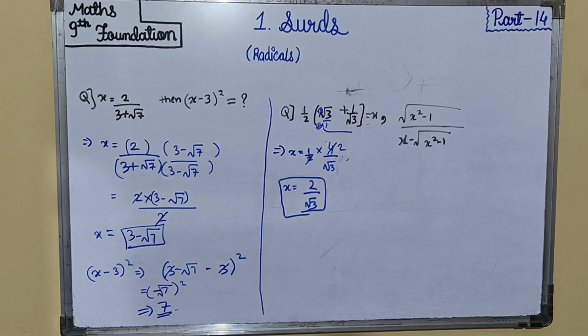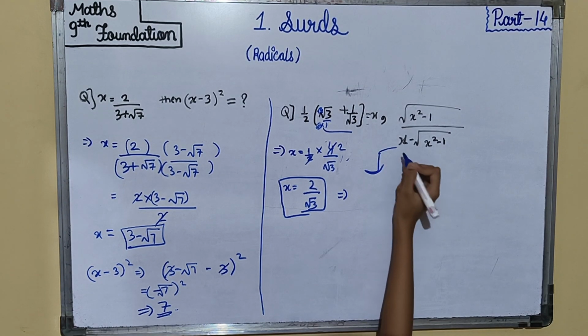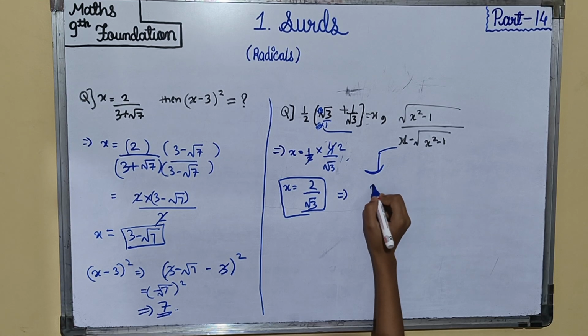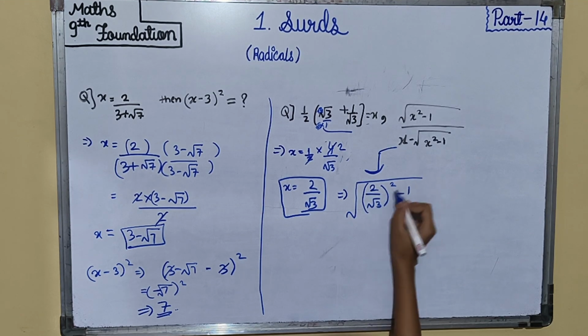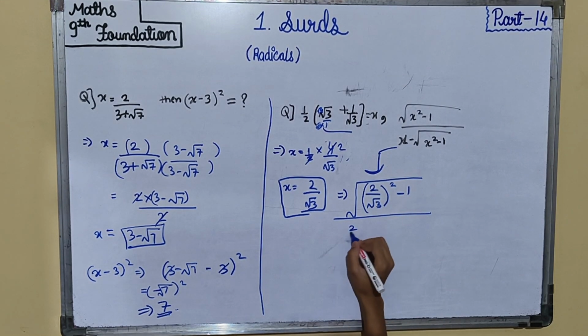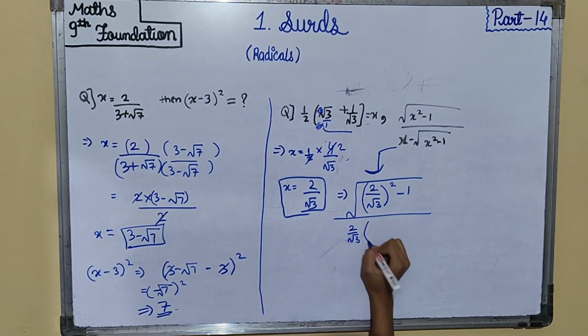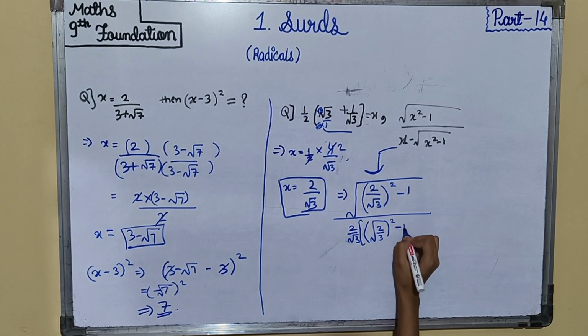So we'll write it accordingly. x square means 2 by root 3's whole square, minus 1 in root, upon the value of x, which is 2 by root 3, in bracket, minus root of 2 by root 3's whole square minus 1.